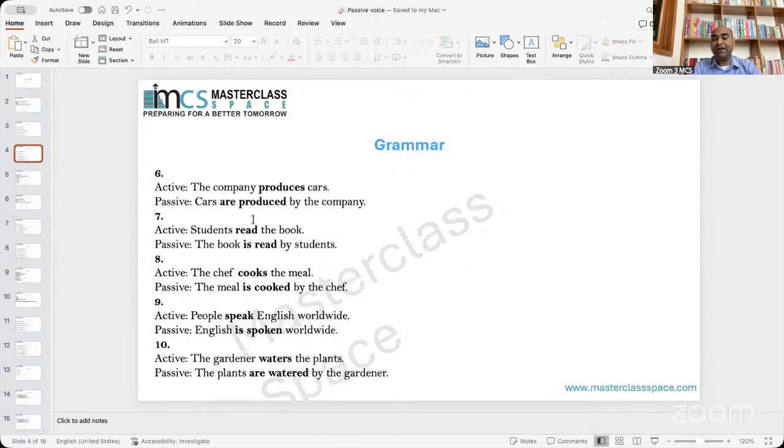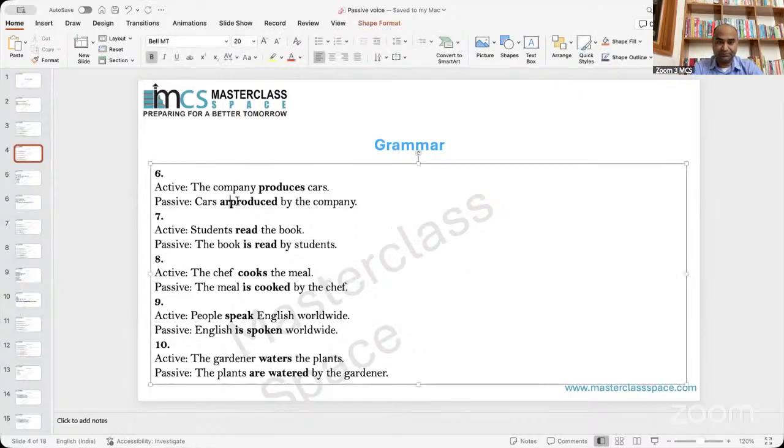Now, what if you have to convert passive voice into active voice? So the sentence is cars were being produced by the company. Then what will be the object?